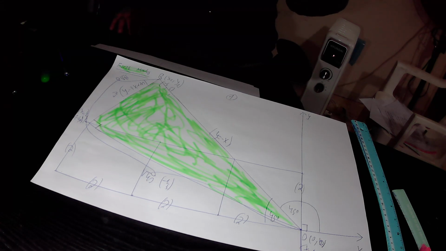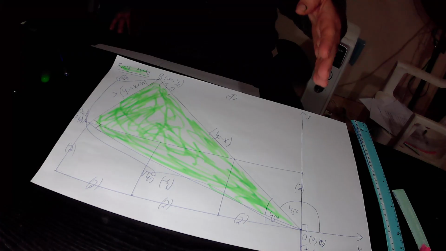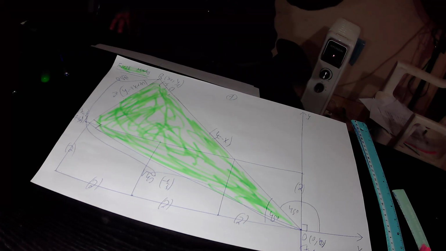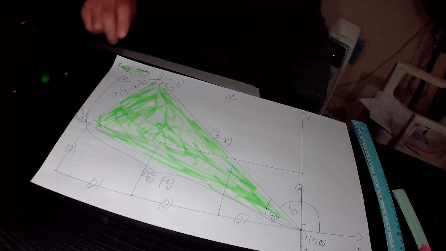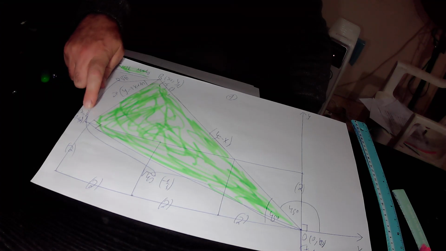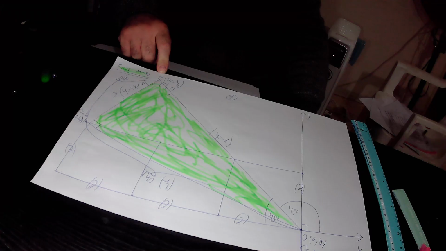This is to say the coordinate x is 0 and the coordinate y on this straight line O is also 0. So once we define this point as point A, and define this point, that is the vertex of this green right triangle, as point B.